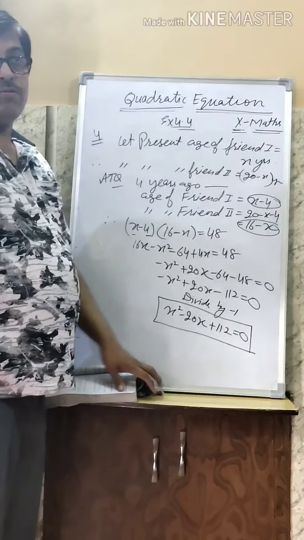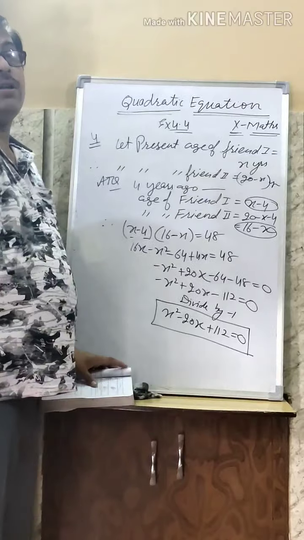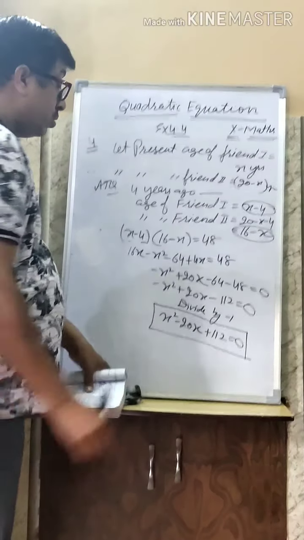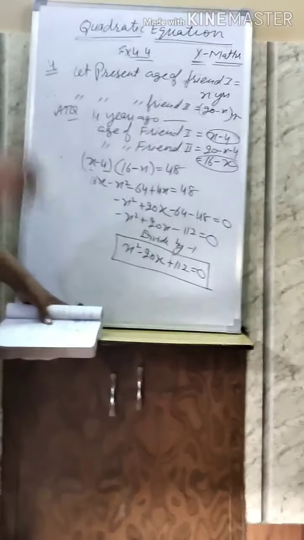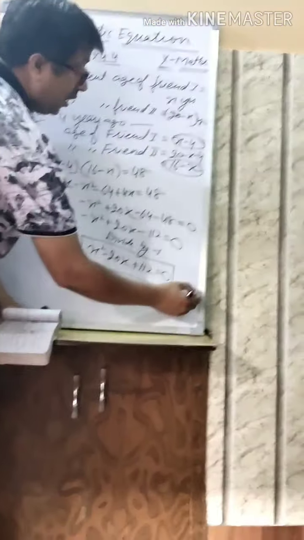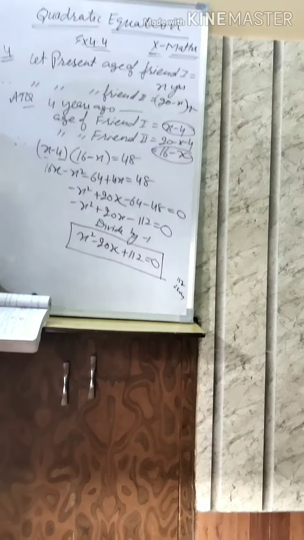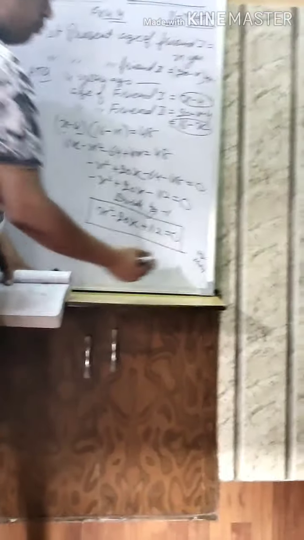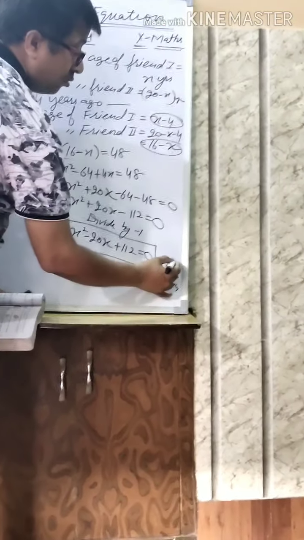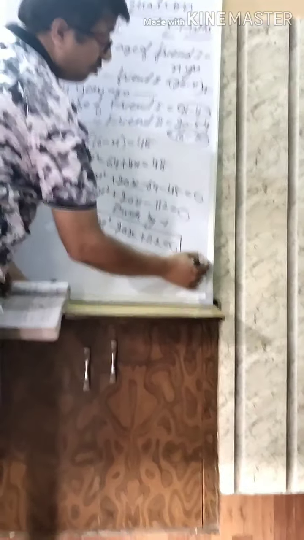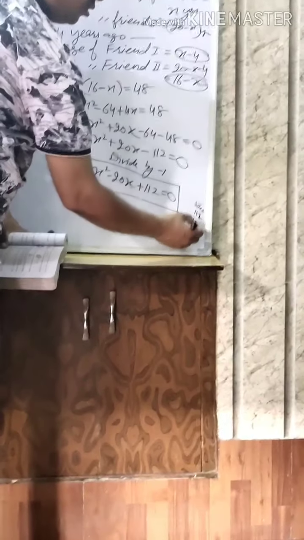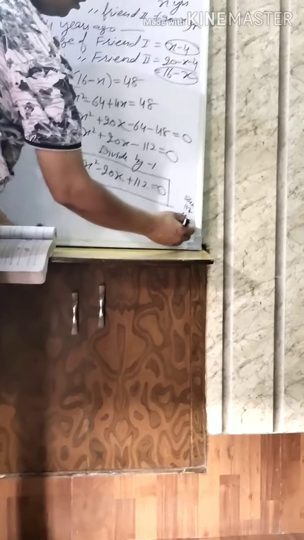Now, first of all, you check whether you can solve this equation by factorization method or not, that is by splitting the term. Multiply to 112, so check the factors of 112: 2 into 56, 4 into 28, 8 into 14.